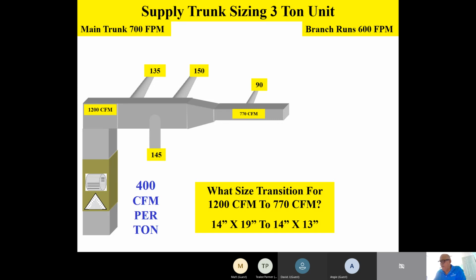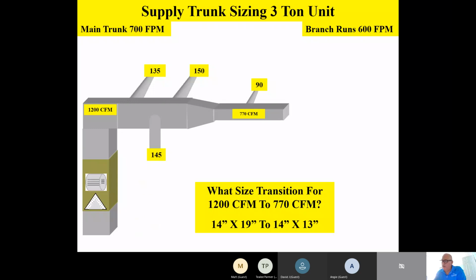So find 90 CFM. Now remember, team, we're going to be jumping down to 600 feet a minute velocity on our takeoffs or our branch runs. So let's find 90 CFM at 600 feet a minute velocity, and let's see what size ductwork we need. So it looks like on that example, we need about a little over a 5-inch duct.